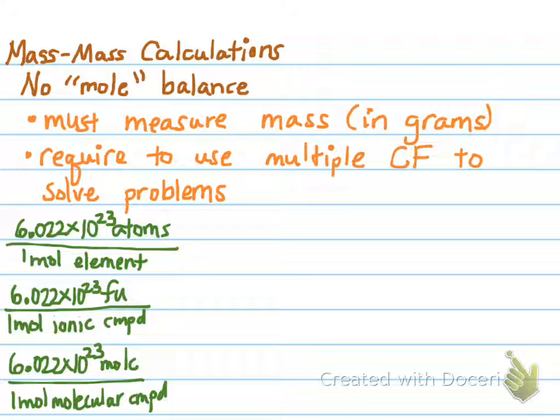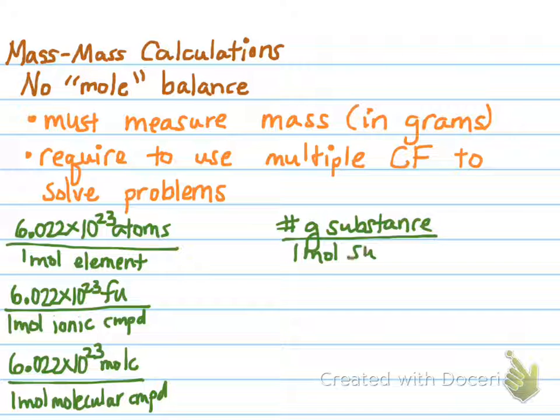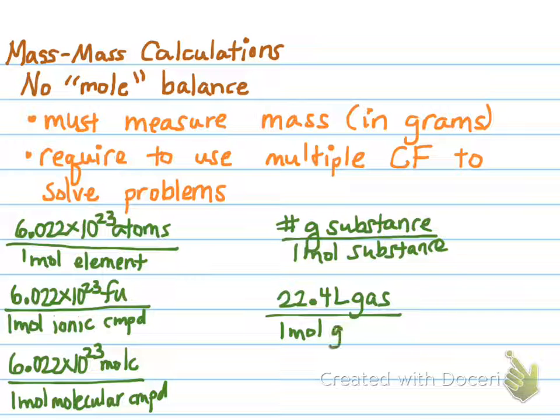We kind of call all 3 of these the Avogadro's number ones. You have the molar mass conversion factor, which has some number of grams of substance over 1 mole of that same substance. And you have the molar volume conversion factor, which has 22.4 liters of gas over 1 mole of gas. And to use that one, you're supposed to be at STP, standard temperature and pressure.